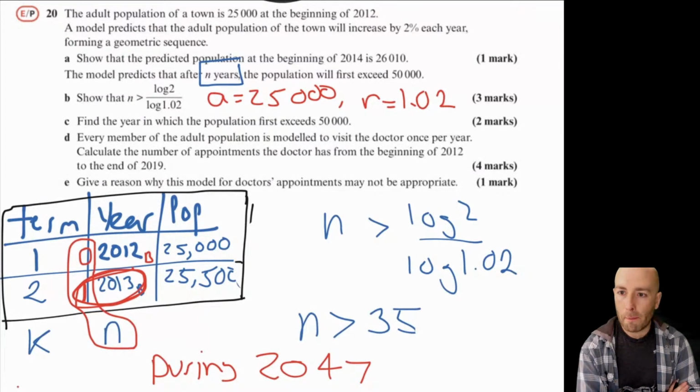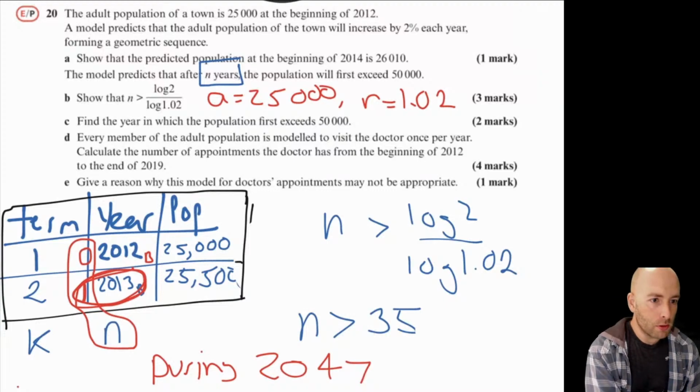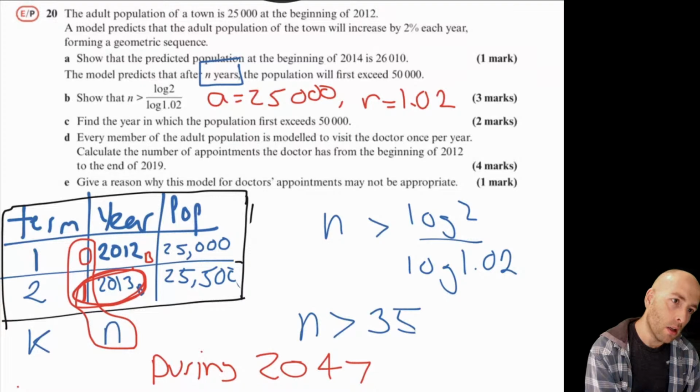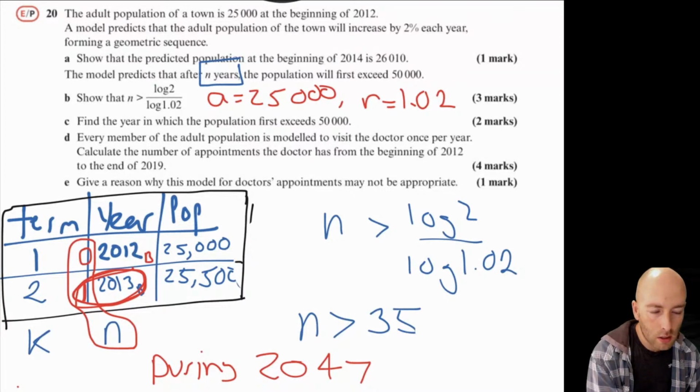Okay, all right, let's have a look through and see what you guys put for those bits. Did you all get 2047? No, Chloe's got 2046. Nula's got 2046. Harry, you guys have all got 2046.